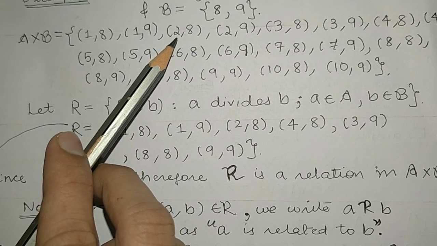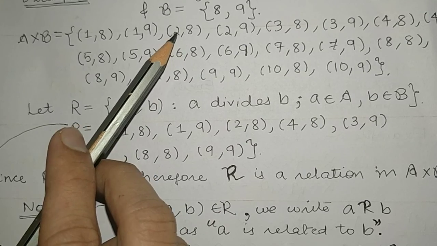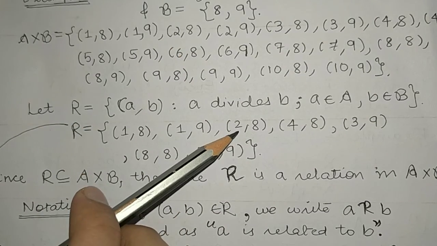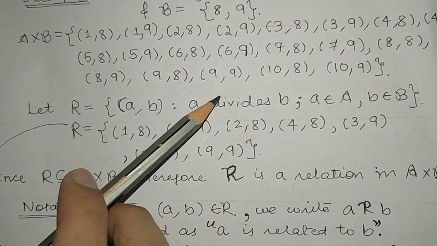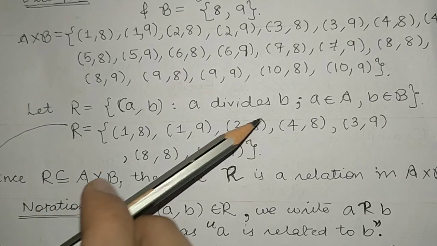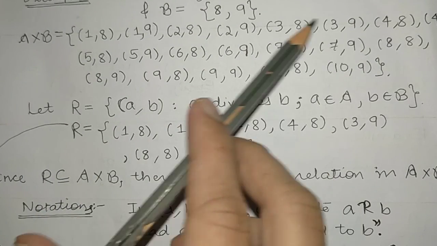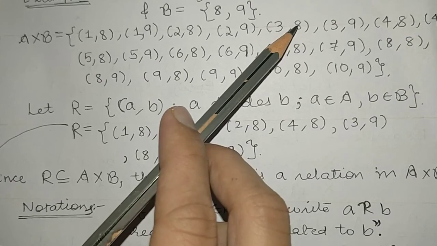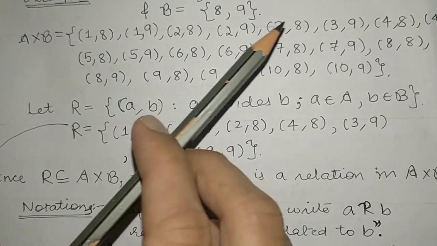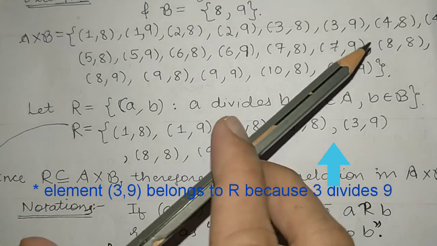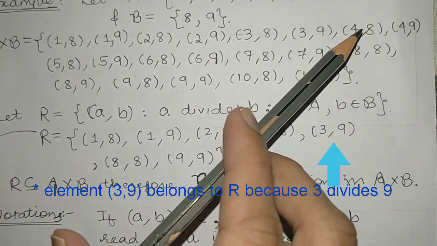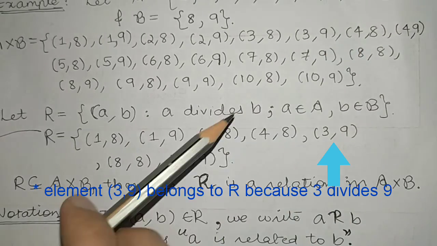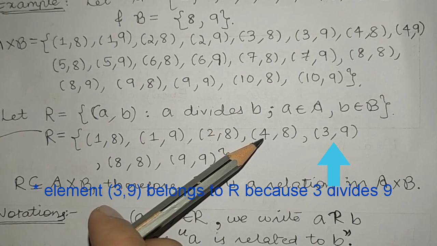Here you can see that 2 divides 8, so (2, 8) will be there in this set R. Similarly, the next element here is (3, 8). 3 doesn't divide 8, so it won't be there. Then (3, 9) also won't be there. Then you go to (4, 8). Since 4 divides 8, it is there in the set R.